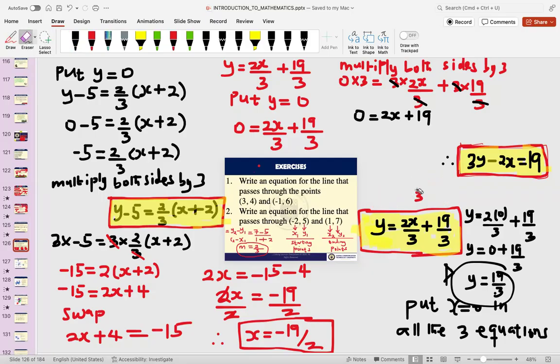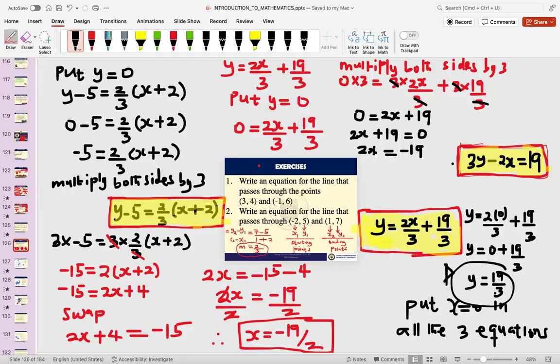This is what I'll have: 2x plus 19 is equal to 0. Like them together, 2x is equal to, this 19 is moving alone. And because it's moving alone, it's positive. So when it goes to the other side, it becomes negative 19.